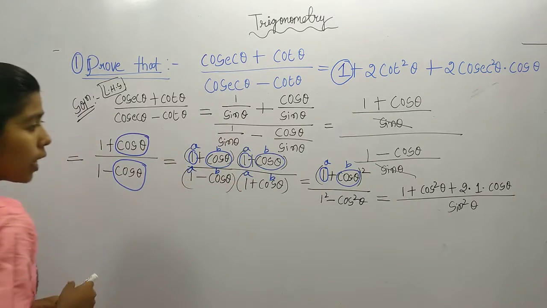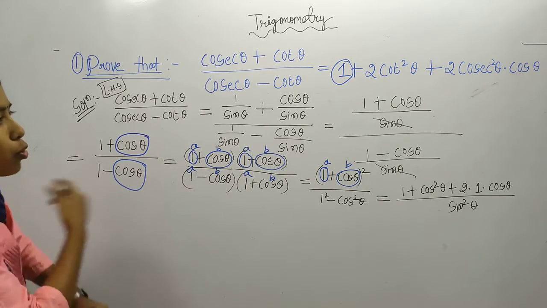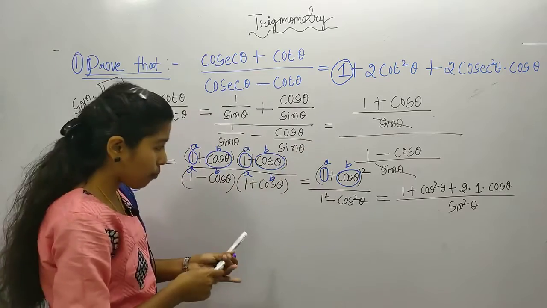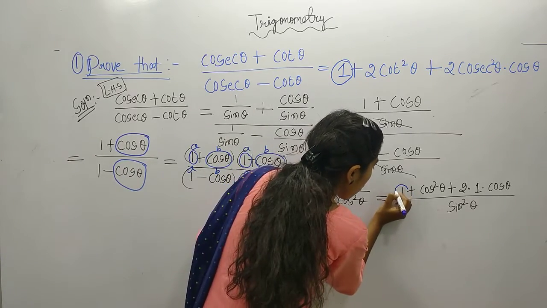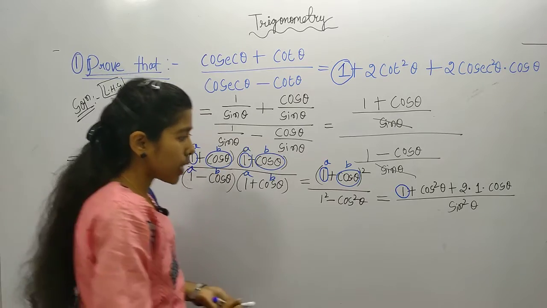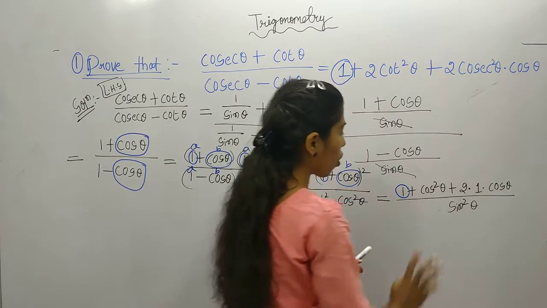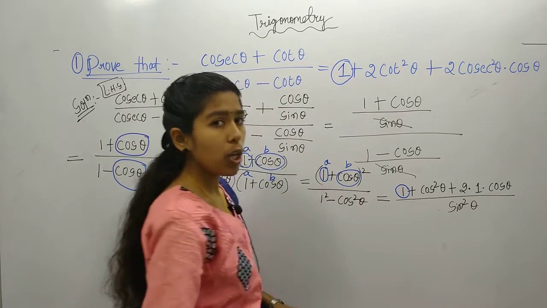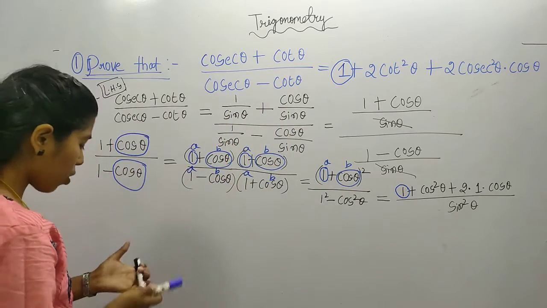Now, what do we have to do to get the RHS? Here first it came 1, so let's focus on this 1. Every angle here is in cos theta and sin theta, so we will convert this 1 into sin theta and cos theta.